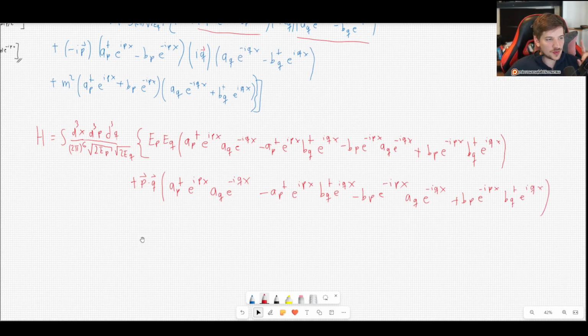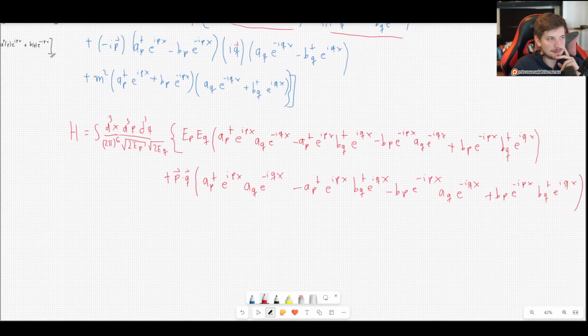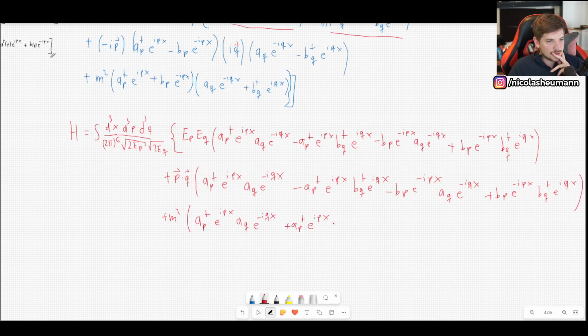Okay, and now we have just one more term. That would be the mass term here. So that would be plus m squared, and now we multiply through. That would be a_p dagger e^{ipx} a_q e^{-iqx}, and then plus a_p dagger e^{ipx} b_q dagger e^{iqx}.